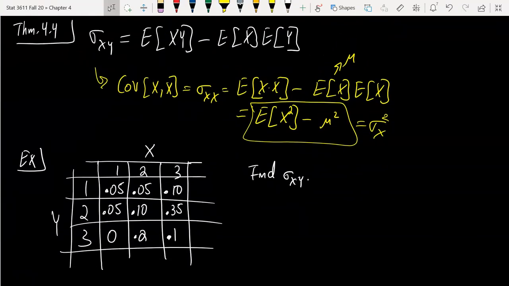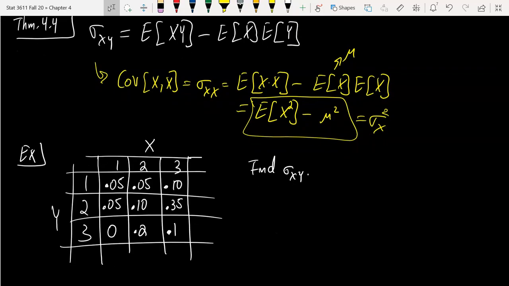Well, we need the expected value of x, we need the expected value of y, and we need the expected value of x times y. You know what? This is a good place to pause. Let's take a quick bathroom break, grab a snack. I would encourage you to try to go through this, thinking about what we are going to need here.